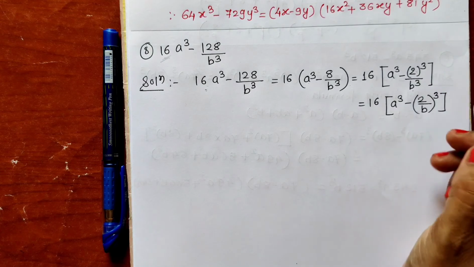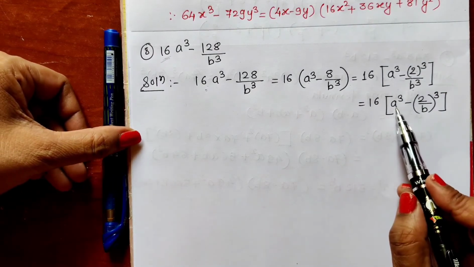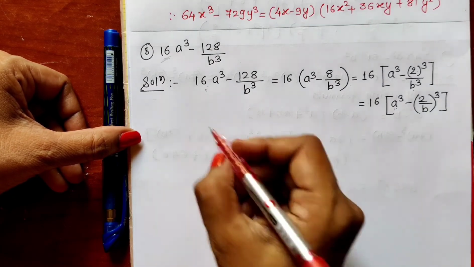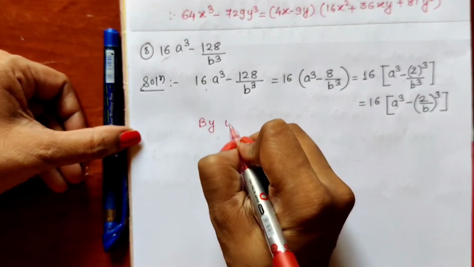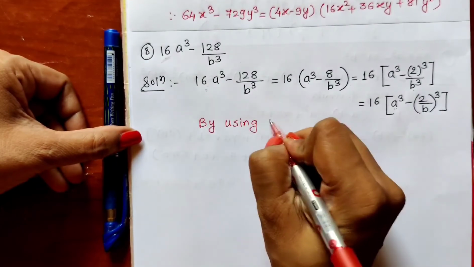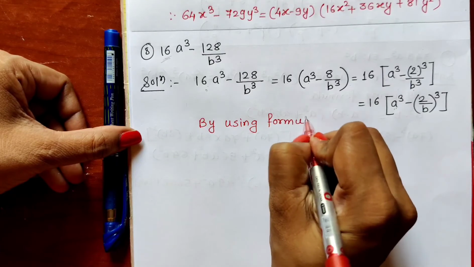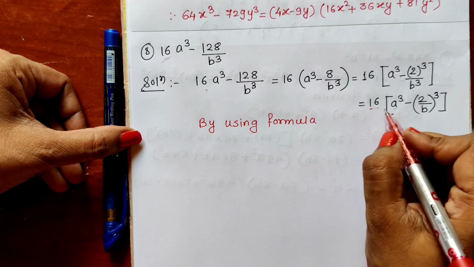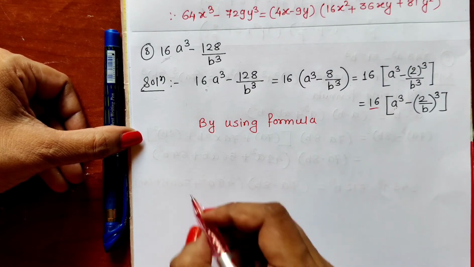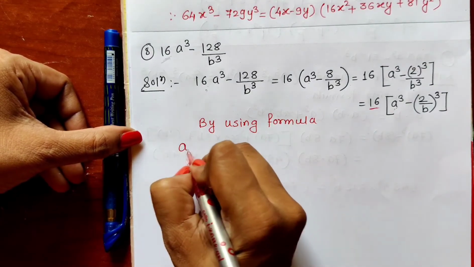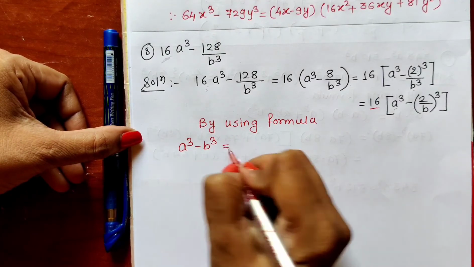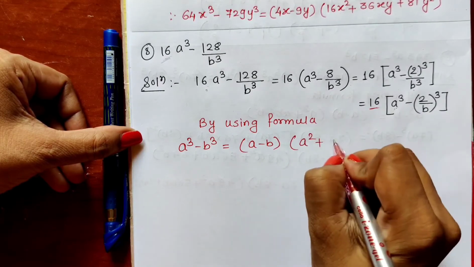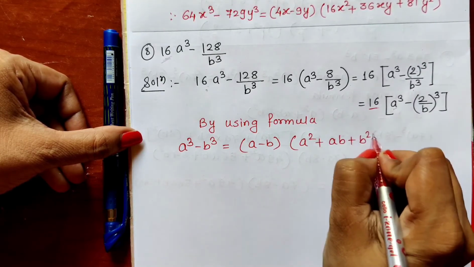In combined form we can put the cube now. Now we are getting this bracket in the form of a cube minus b cube, so we can apply the formula by using the formula for this bracket only. This 16 we keep on writing as it is, as this 16 is the common number. A cube minus b cube is equal to a minus b in bracket a square plus ab plus b square.